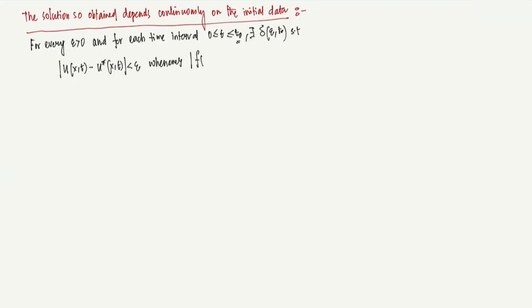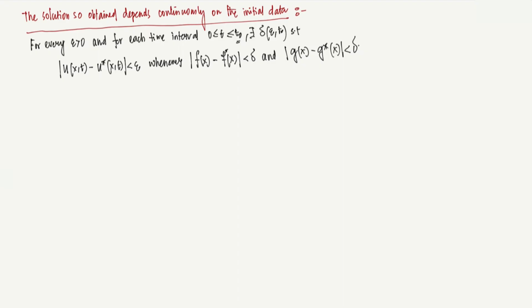The initial data is f and g, right? So the modulus of f of x minus f star of x should be less than delta, and the modulus of g of x minus g star of x should be less than delta. So if both are less than delta, then the difference in u should be less than epsilon.